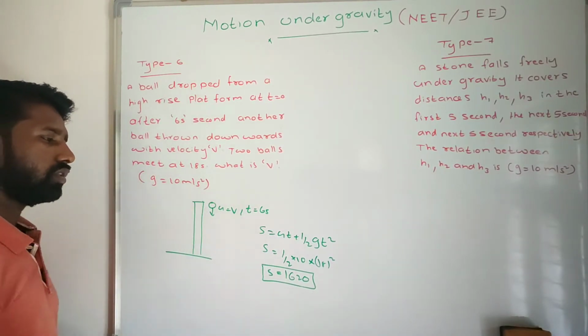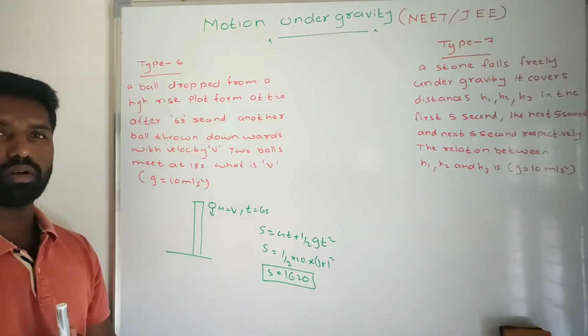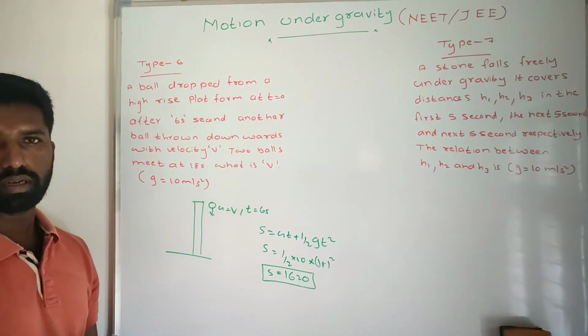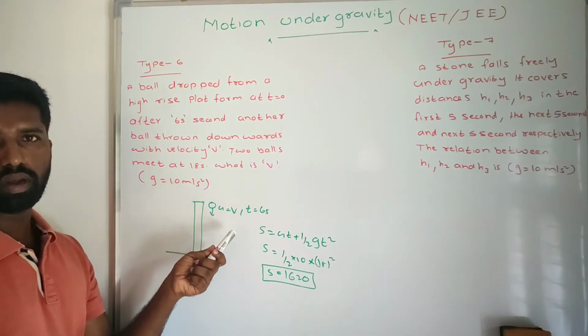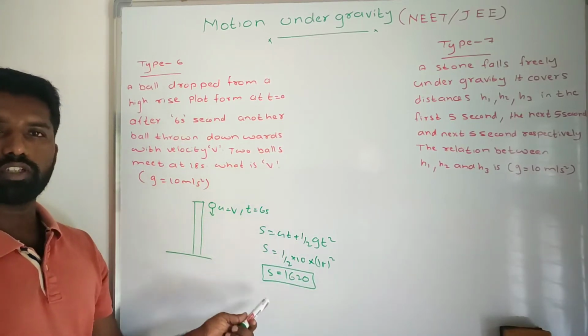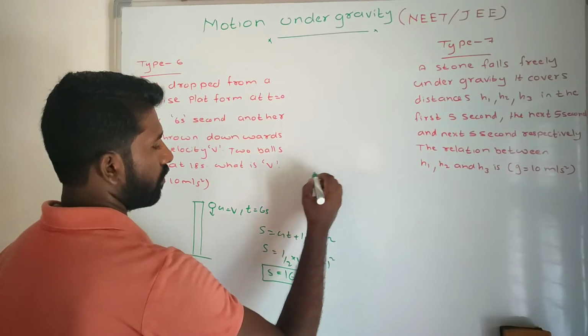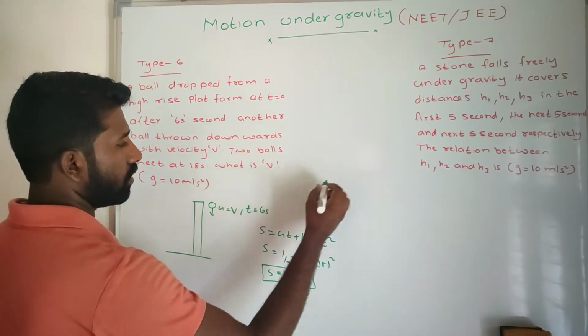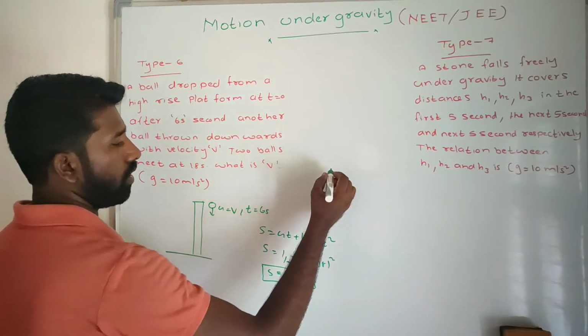So these two balls, the one we initially dropped and this ball, meet at 18 seconds. That means the distance covered by this ball after 12 seconds is equal to the distance covered by the first ball after 18 seconds. So we will consider the distance covered by this ball in 12 seconds.